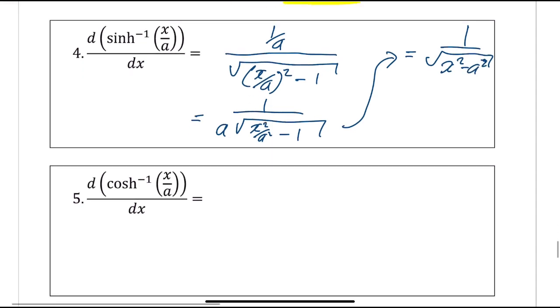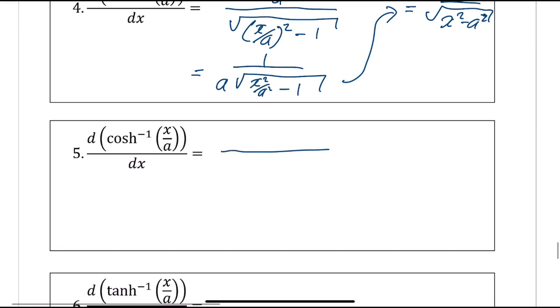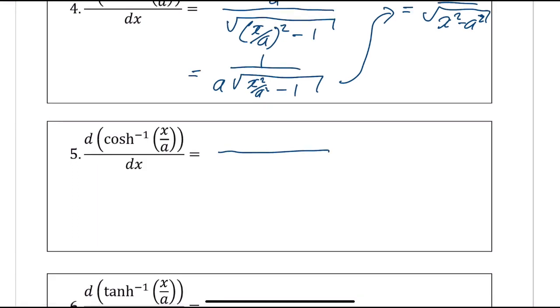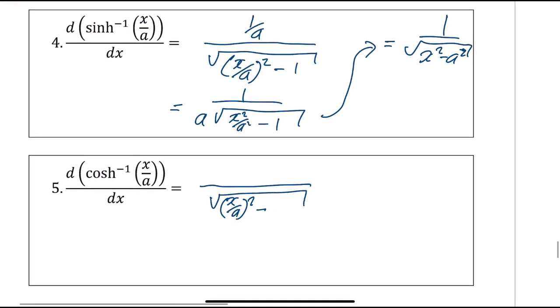Similar idea here. Differentiate the inverse of hyperbolic cos. You will get x over a, squared, in the bottom line, and then minus 1. Sorry folks, that one should have been a plus up above there. That's a plus, apologies. And then the bottom one here, this next one is a minus, so minus 1.